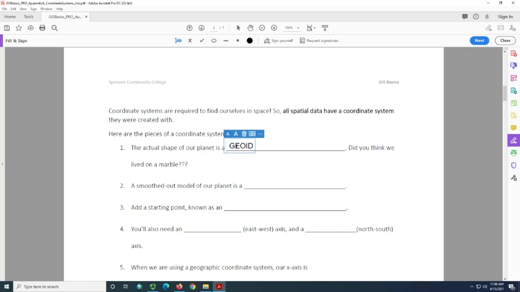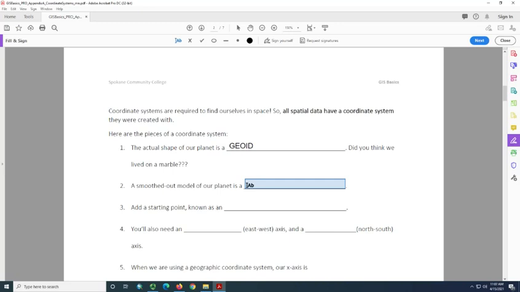But a lumpy, bumpy geoid is really tough to do math on, to define even units of measurement and to work with. And so what we do is we model our Earth to meet some of our mapping requirements. We smooth it out and get rid of some of those lumps and bumps, and we call that a spheroid.